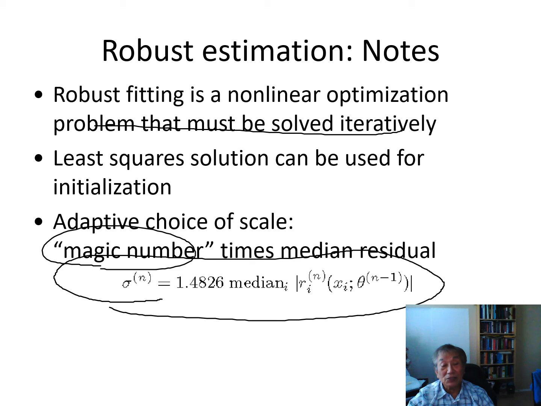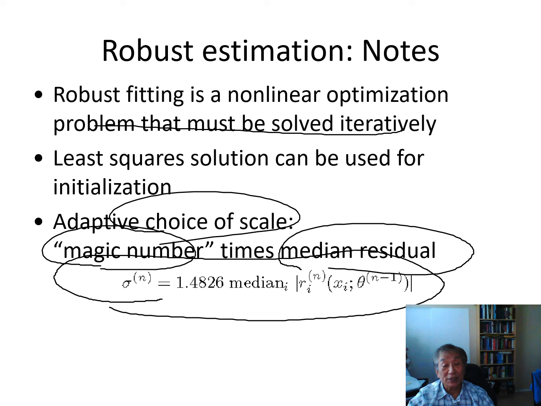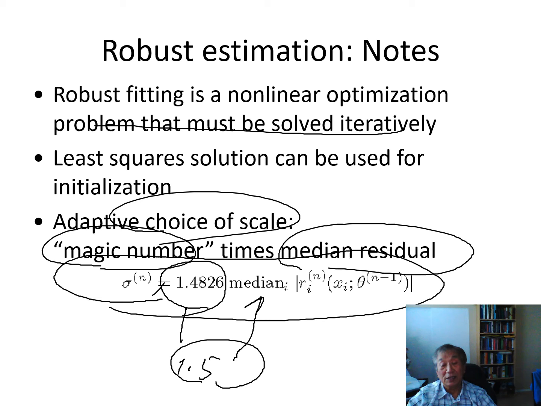Often that magic number times the median residual is an adaptive choice of scale. So this one is more about heuristics. When you are calculating how much standard deviation or how much distance we should expect, I usually use 1.5 as a kind of value times the median. Then it may give good estimates.